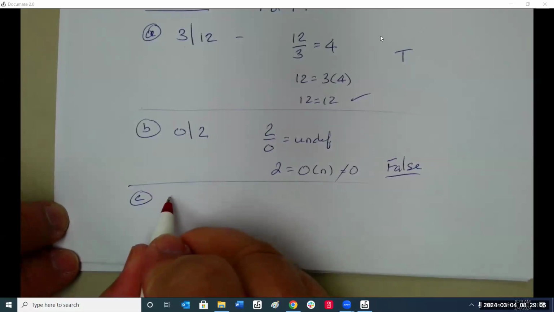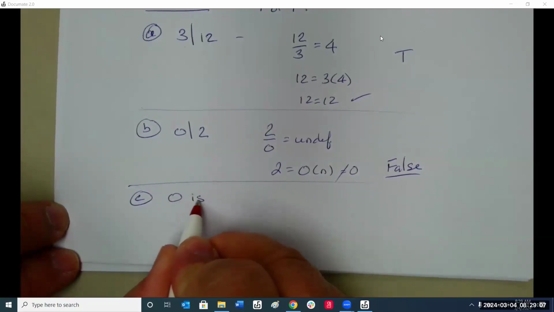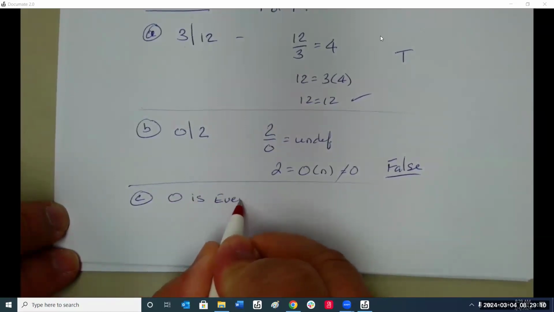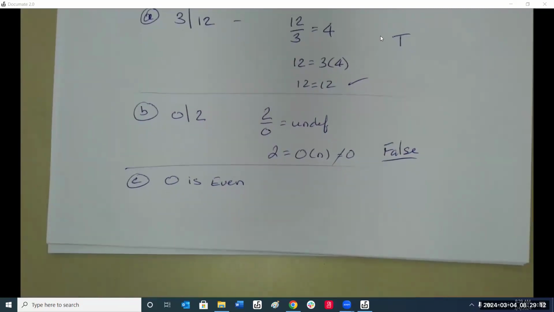C. 0 is even. Think of the formulas we just talked about. What is the formula for an even number?